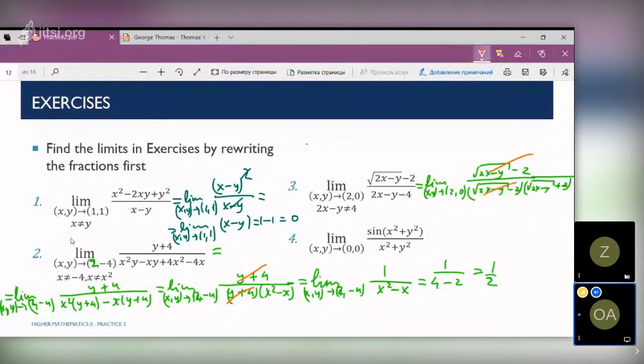So they're gone, and it equals the limit as x, y tends to 2 and 0, of 1 over 2x minus y plus 2. If I plug in 2 here, 2 times 2 is 4, 4 minus 0 is 4, and plus 2, so it is 1 over 4.